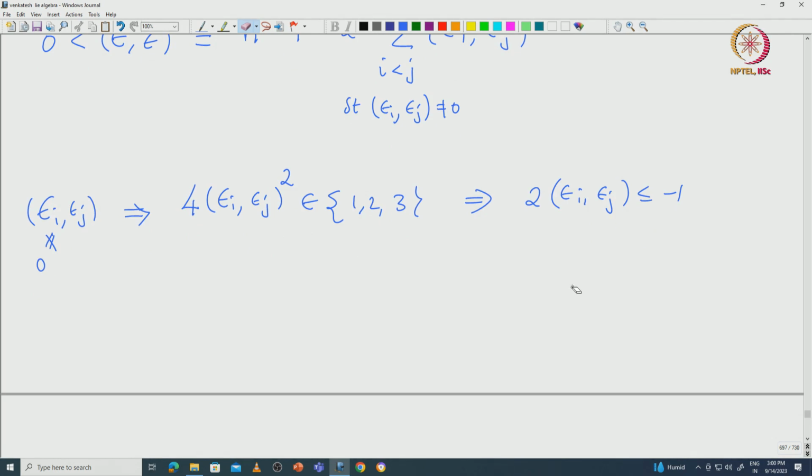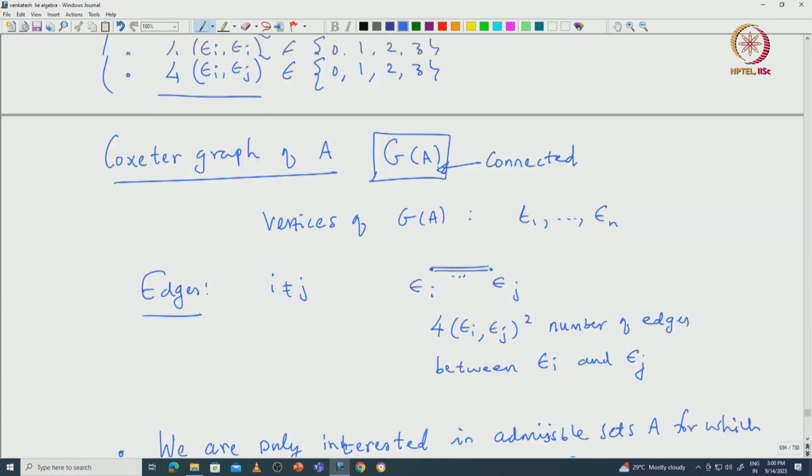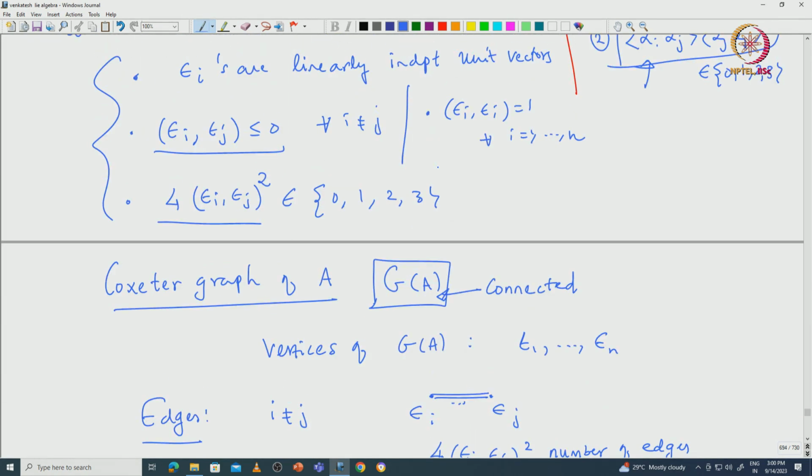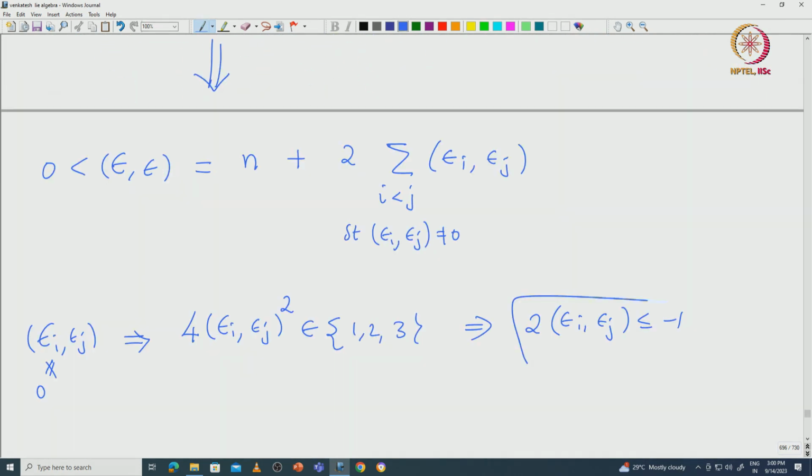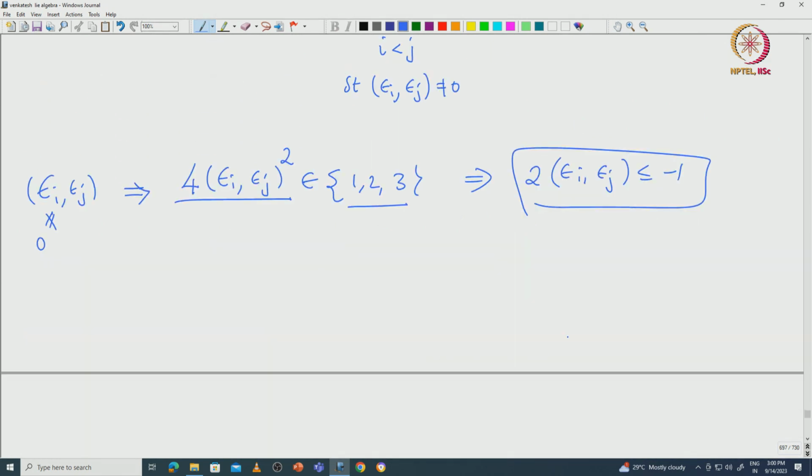We have not actually assumed anything about twice epsilon i, epsilon j, but only about 4 times epsilon i, epsilon j squared. But anyway, this inequality is clear, just because this number can take either 1, 2, 3. So, this square root has to be less than or equal to minus 1. So, that is clear.